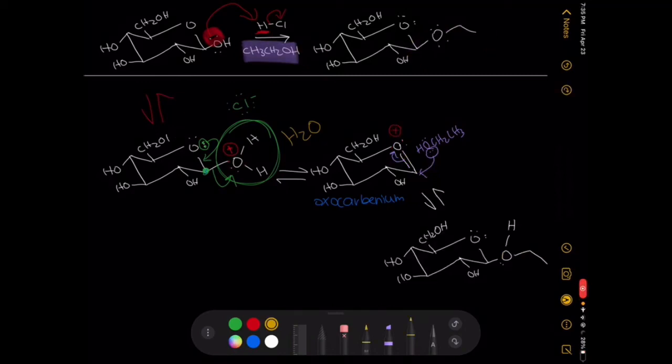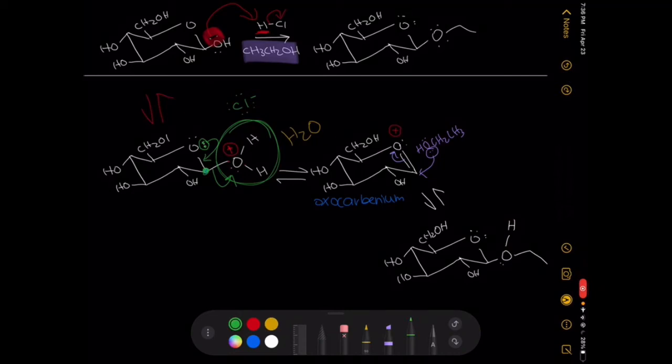We're almost done. There's one last step, because this oxygen right here is lacking electrons, you can see 1, 2, 3, 4, 5. It's positive. And this hydrogen right here is very acidic. So we have to get rid of this hydrogen with a base, so this oxygen can go back to neutral and be stable.